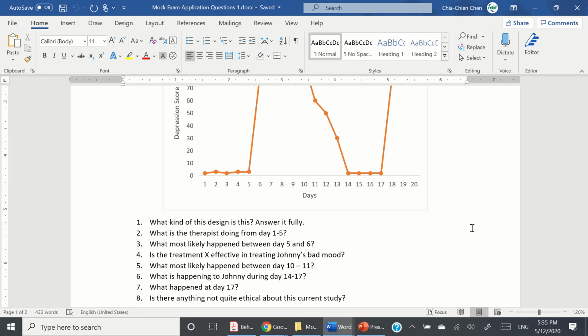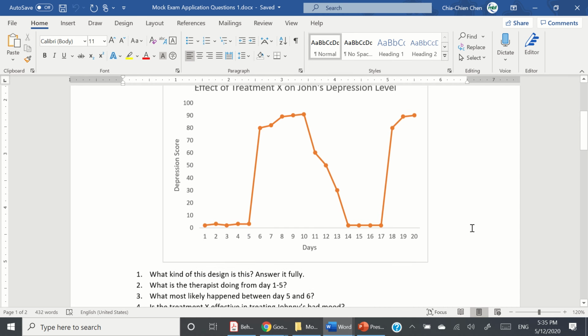Number three, what most likely happened between day 5 and 6? Let's take a look. At day 5, you can see it was a very low score, but something happened between day 5 and day 6, and all of a sudden Johnny's depression level score is so much better compared to before.